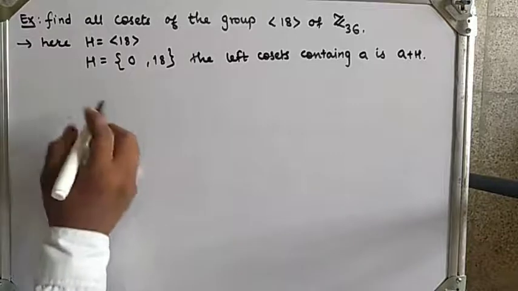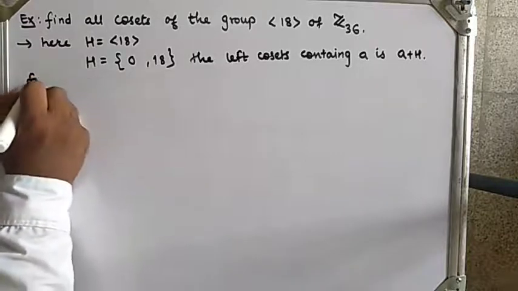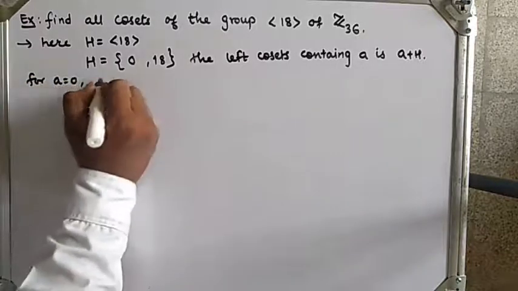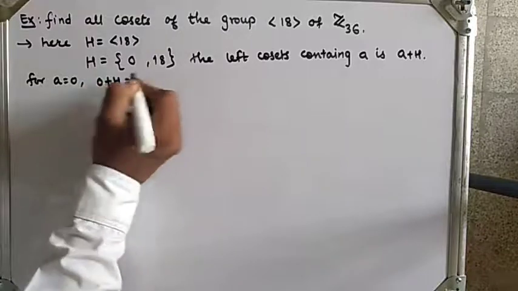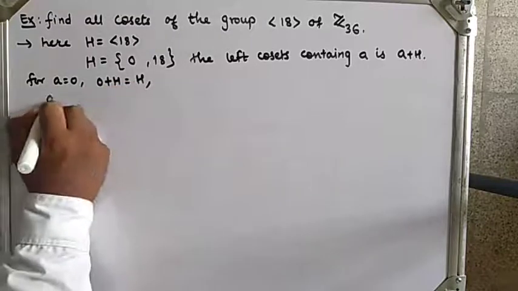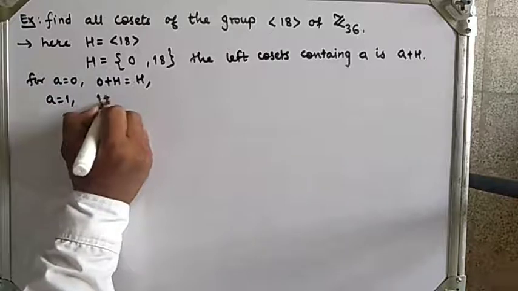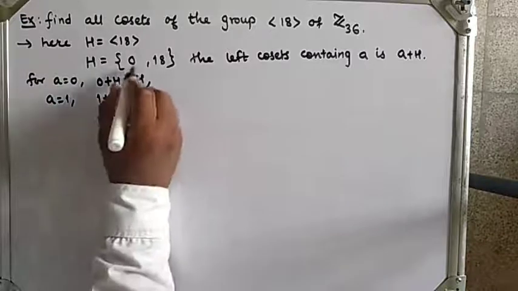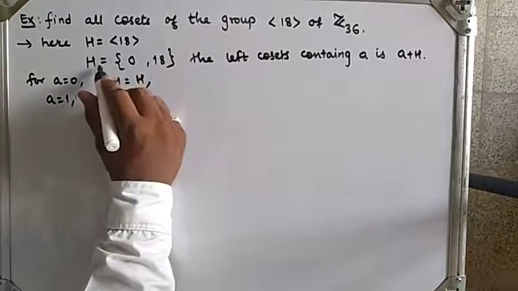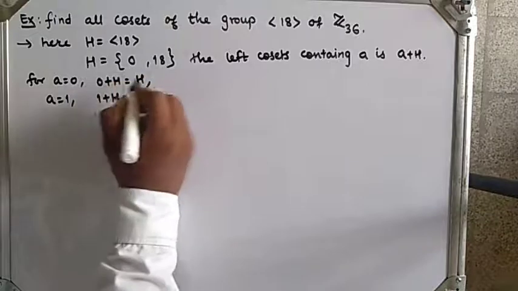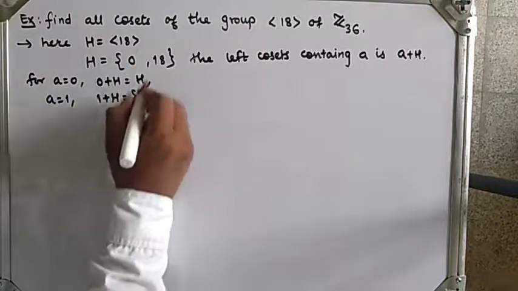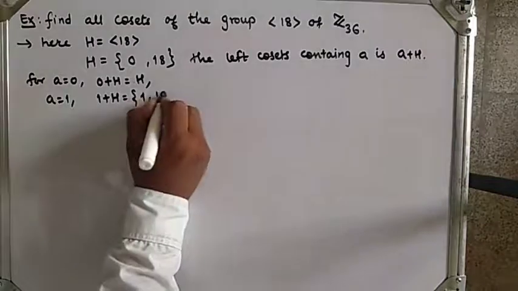So let's see. For a equal to 0, we get 0 plus H, which is the same as H. Now for a equal to 1, we get 1 plus H. H has the elements 0, 18, so 1 plus 0 gives 1, and 1 plus 18 gives 19.